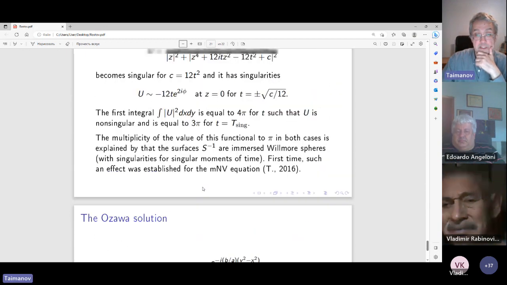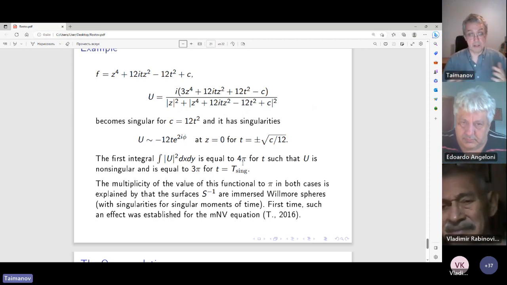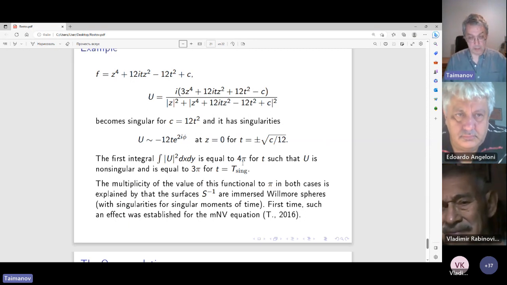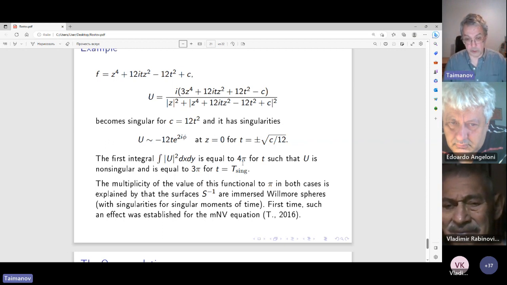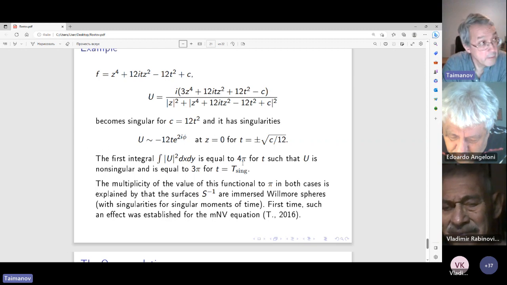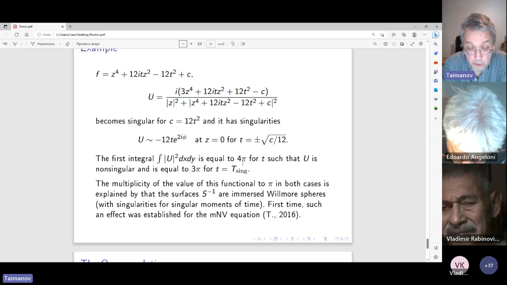Why this quantization of the Willmore functional by pi? That also has geometrical meaning. We take the minimal surface, just the plane, and take this Möbius inversion. The inversion of this plane would be a sphere, a singular sphere, but it would be a Willmore sphere.